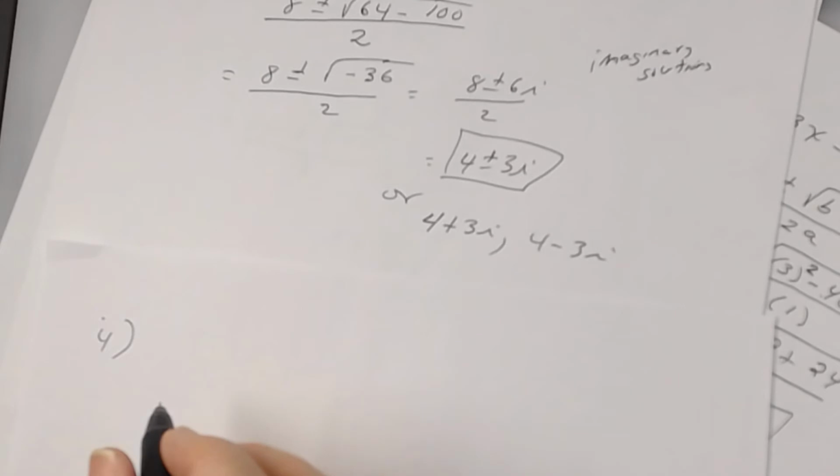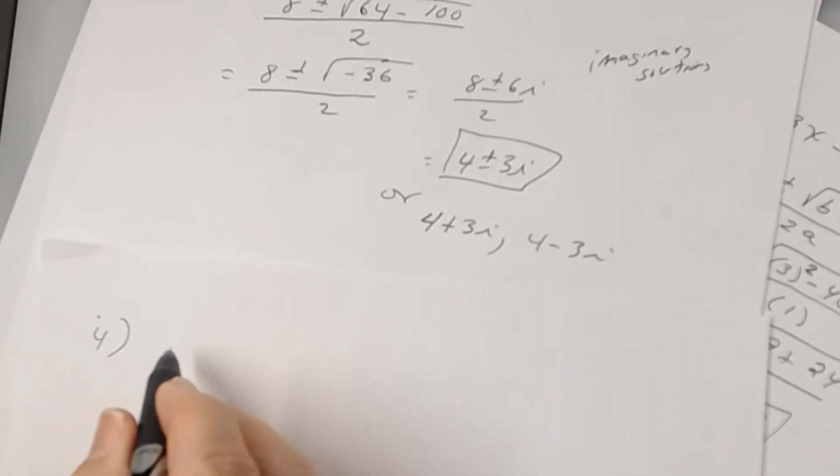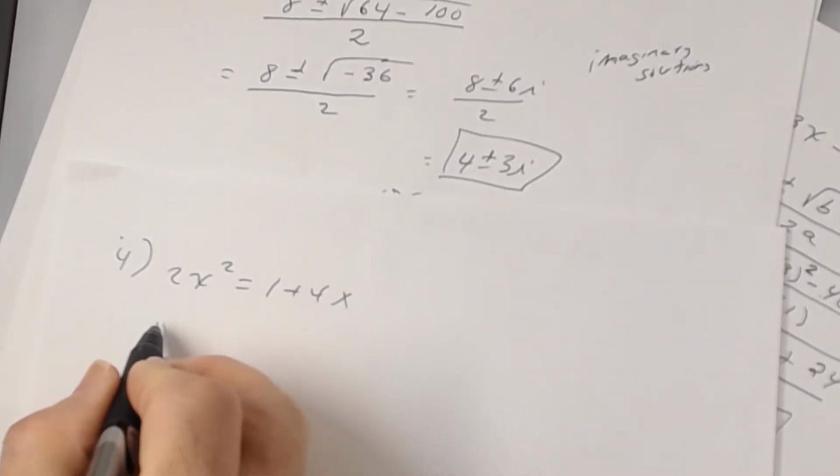Okay, number 4. Let's suppose we had this one, 2x squared equals 1 plus 4x. Okay, what's the first step? Put in what form? General form, okay. When it's in descending order, what does that become?